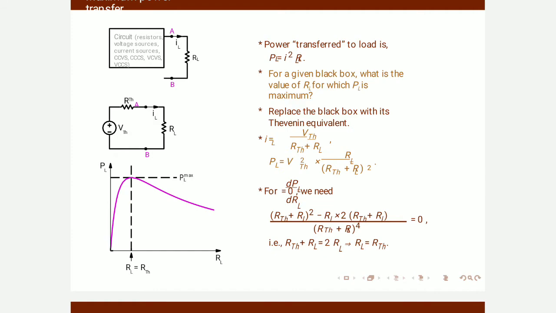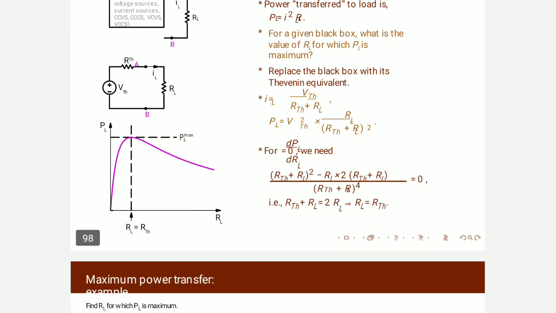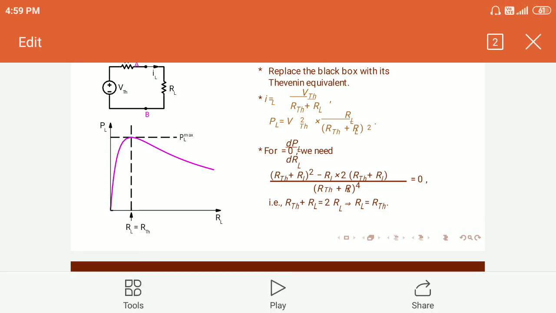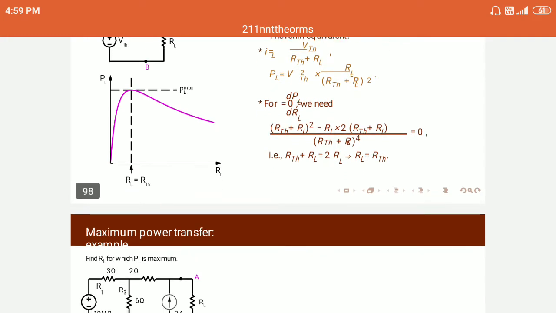On differentiating, we get (RTH plus RL) whole square minus RL into 2 (RTH plus RL), divided by (RTH plus RL) to the power of 4. Therefore RTH plus RL is equal to 2RL, that means RL is equal to RTH. This is the maximum power condition.